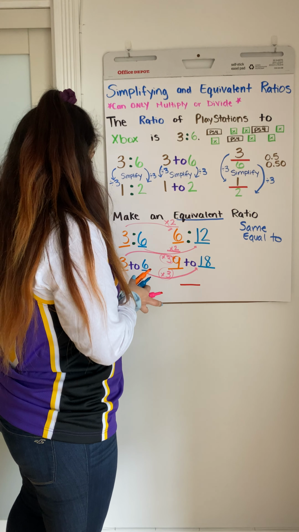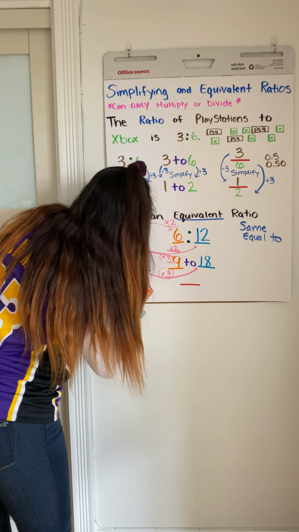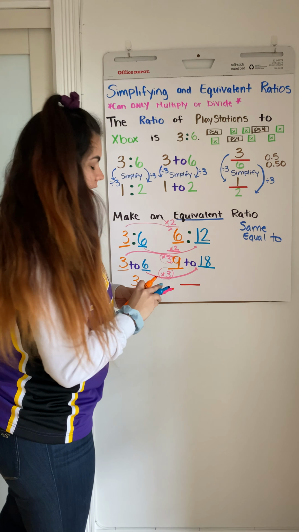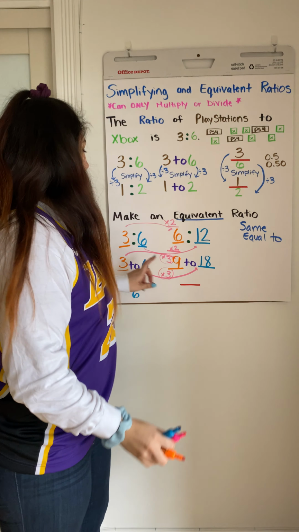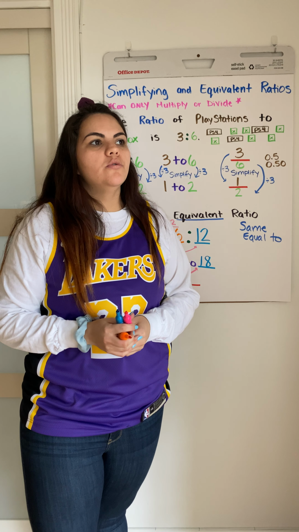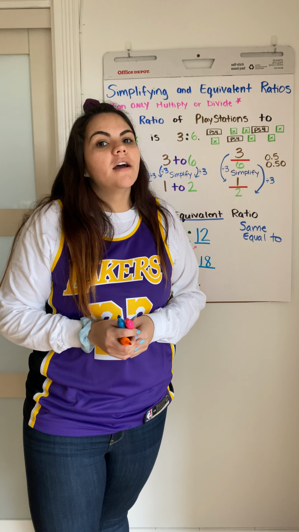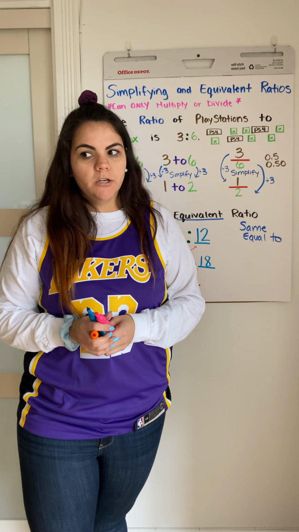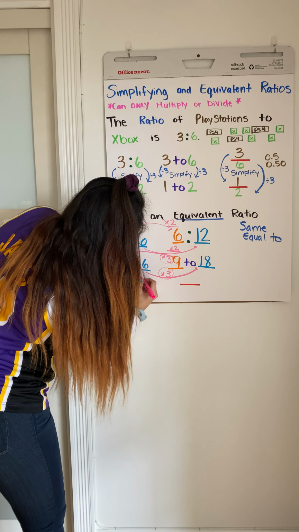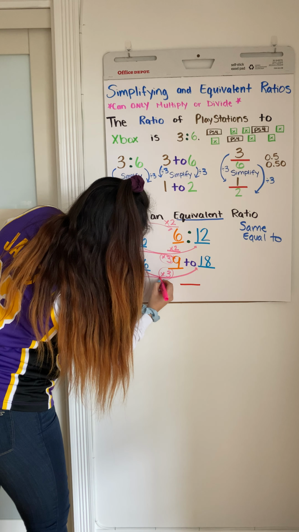Now, I'm going to use one more, and I'm going to show you with the fraction. 3 to 6. Well, I'm not going to do the next number, which would be 4. I'm going to use 10. It's a little bigger, but that's okay. So I'm going to do the first number again. So my first number is 3.